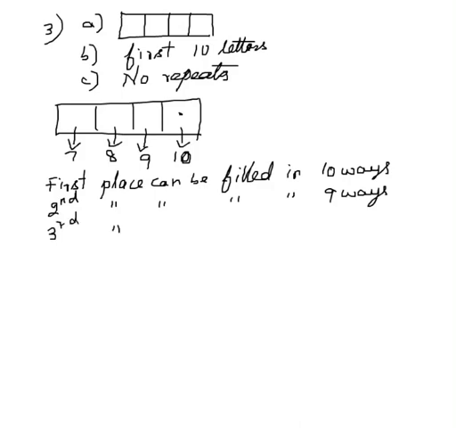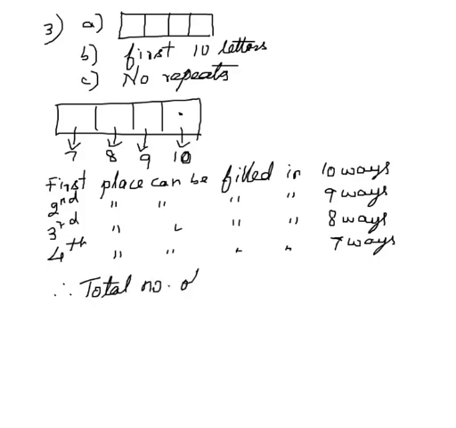The third place can be filled in 8 ways. And the fourth place can be filled in 7 ways. Therefore, the total number of ways is equal to 10 into 9 into 8 into 7.